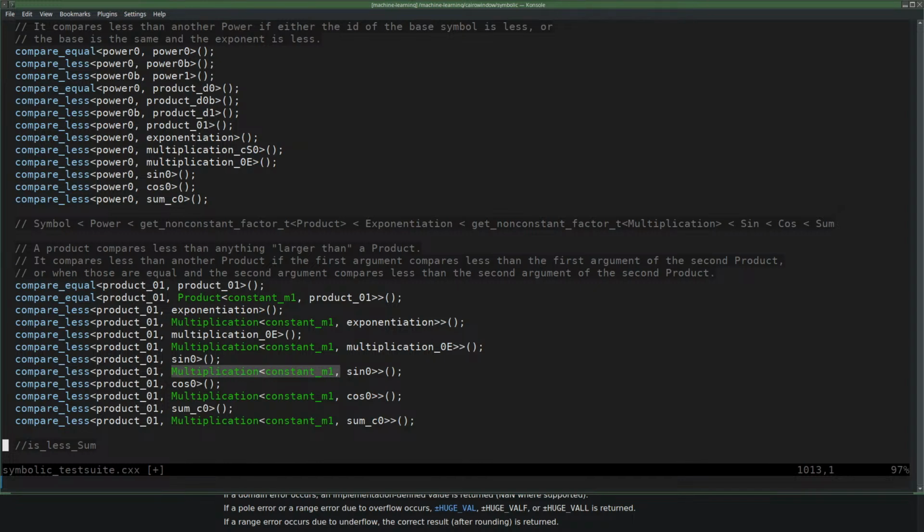That holds. But we're not done, because the product could be a product that starts with a constant, and then all hell breaks loose, because that kind of has to do everything I already did, but then using a product.